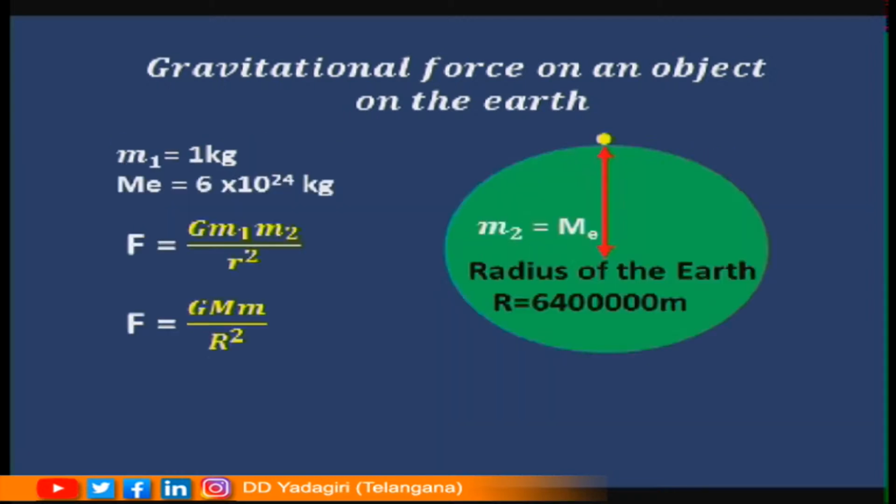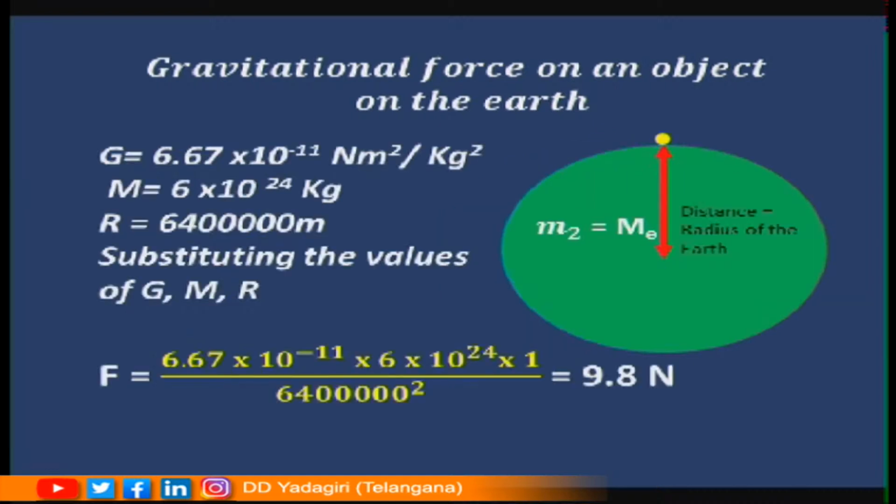Substituting, we get F equal to 6.67 into 10 power minus 11, times 6 into 10 power 24, into 1, divided by 64 lakh square. The radius of the earth is 64 lakh meters. So, the value of the gravitational force comes out to be 9.8 Newton.